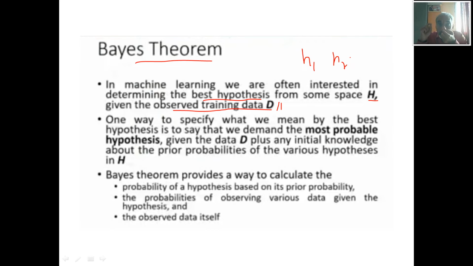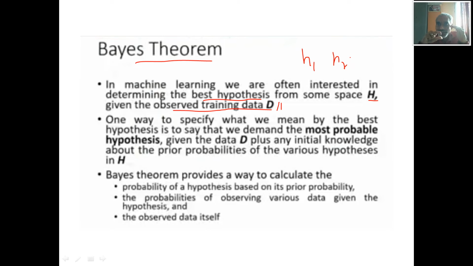Right? So in machine learning, we are often interested in determining the best hypothesis given the observed training data set. Based on some training data set, you make one hypothesis. Whether you are going to accept that hypothesis or not depends on the training.